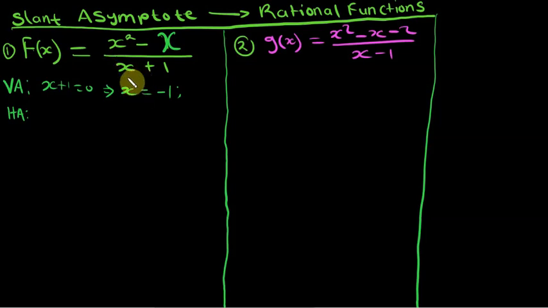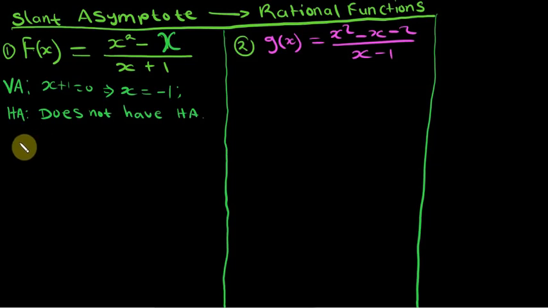Whenever you have such a case whereby the numerator is one degree higher than that of the denominator, it means the graph does not have horizontal asymptotes.